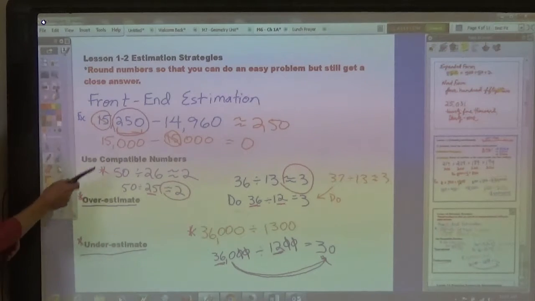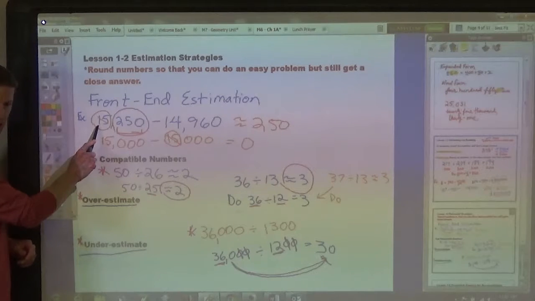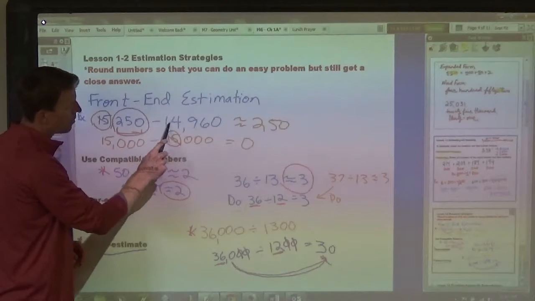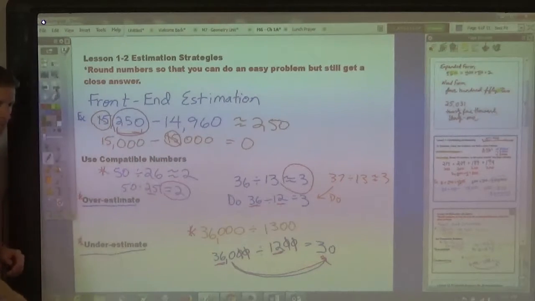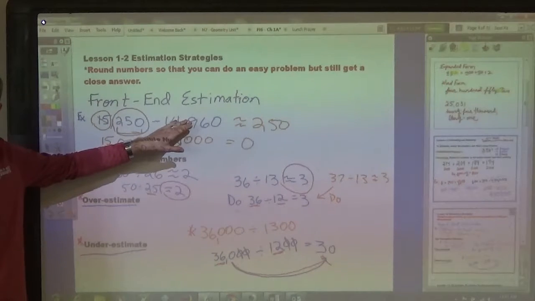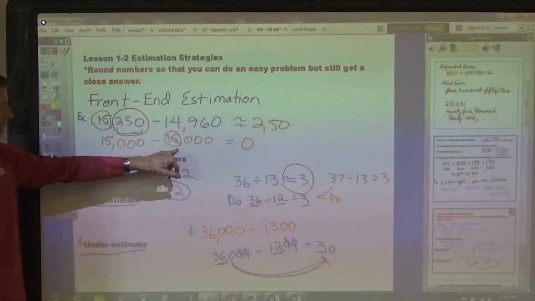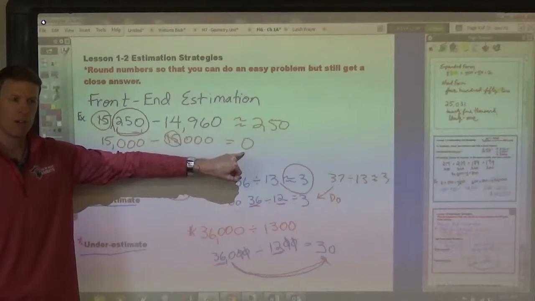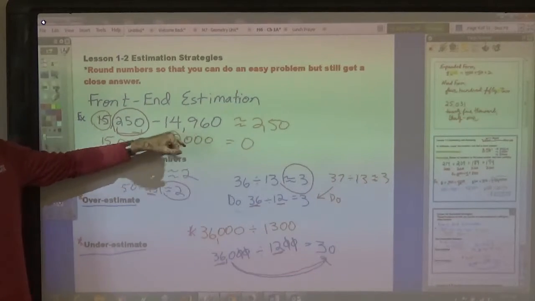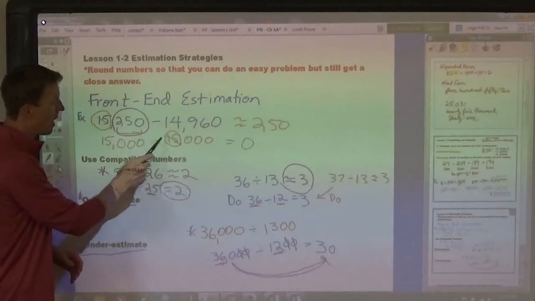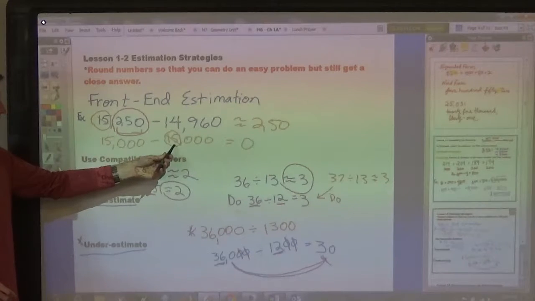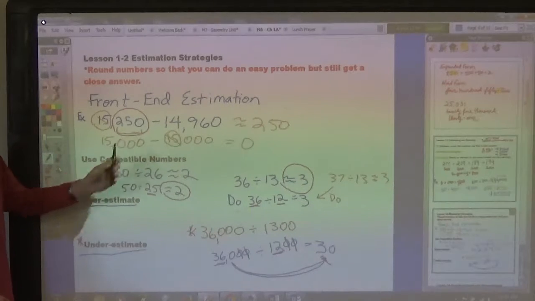So, in this example, we started with the number 15,250 minus 14,960. Now, both of these are close to 15,000. But if we rounded both of them to 15,000, we'd end up with 0. And we know that this number is a little higher than this number. So we can get a better estimate by just subtracting the front numbers, 15,000 minus 15,000, but keeping the 250.